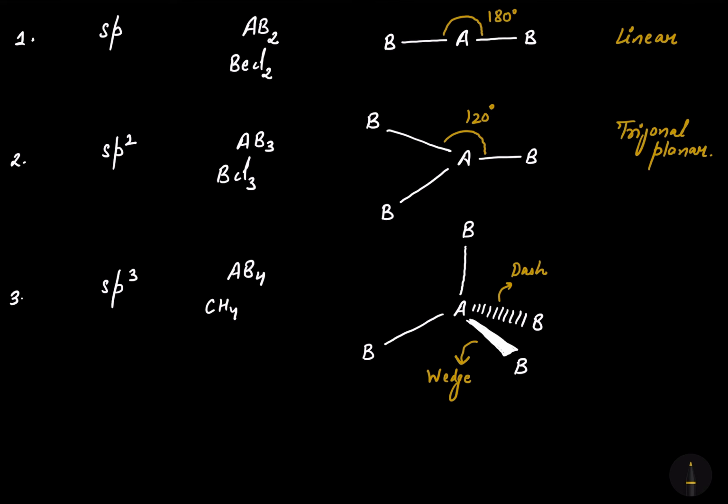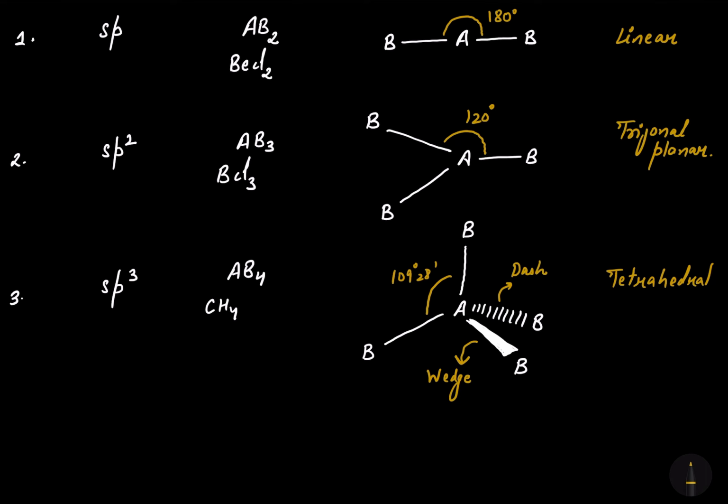Here the bond angle is 109 degrees and 28 minutes, and this geometry is called tetrahedral geometry. Here all the angles are 109 degrees and 28 minutes. Please do try to understand this structure, the tetrahedral structure, in 3 dimensions.